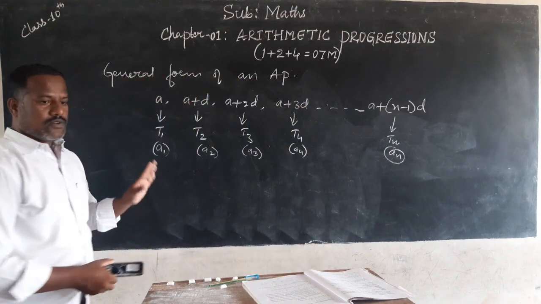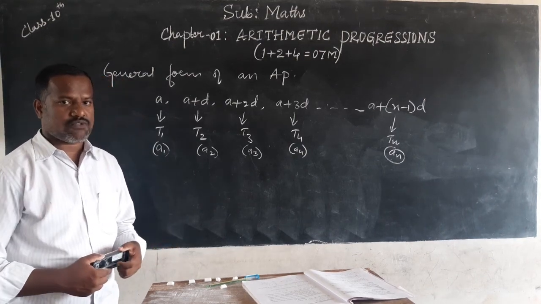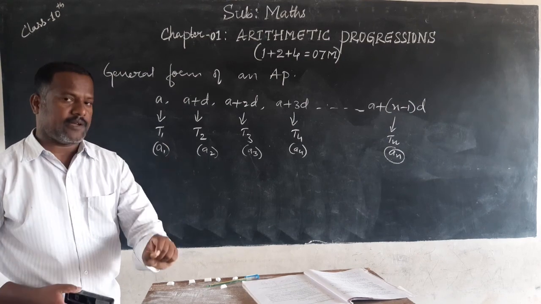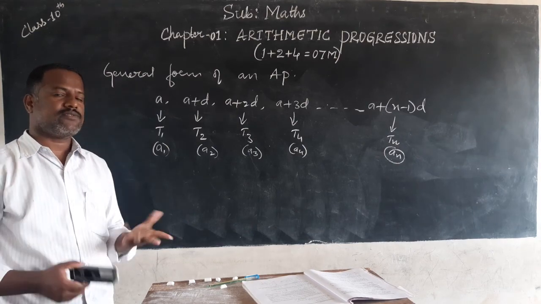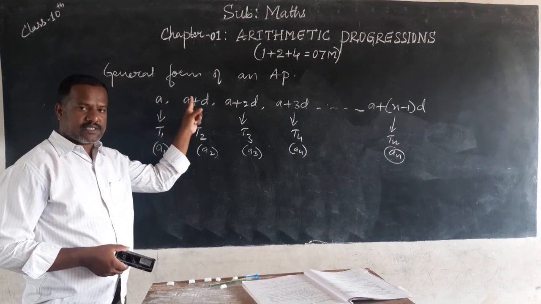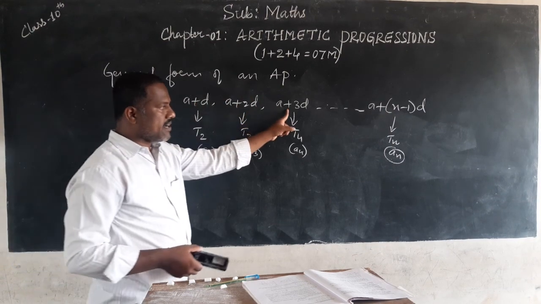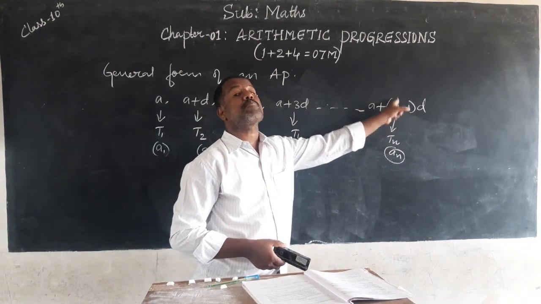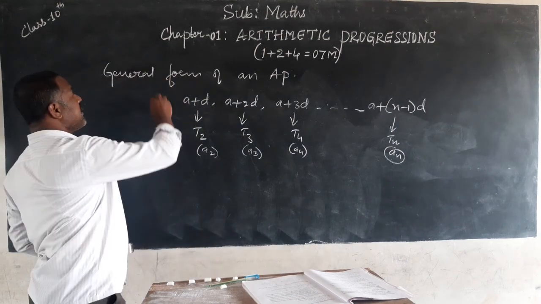Understand? In the exam, definitely we can expect this question: write the general form of an AP. It's very simple. You have to write a, a plus d, a plus 2d, a plus 3d, dot dot dot, a plus (n minus 1) into d. Sir, explain. What is a?